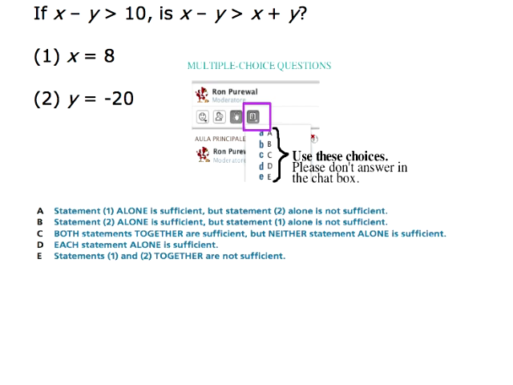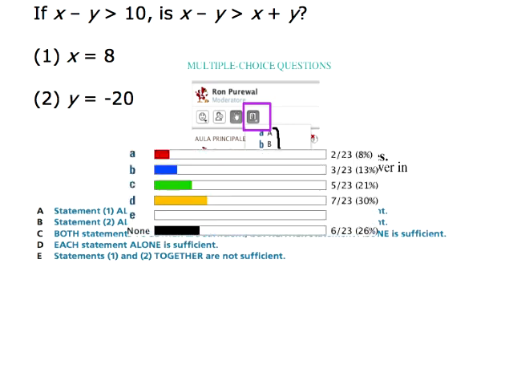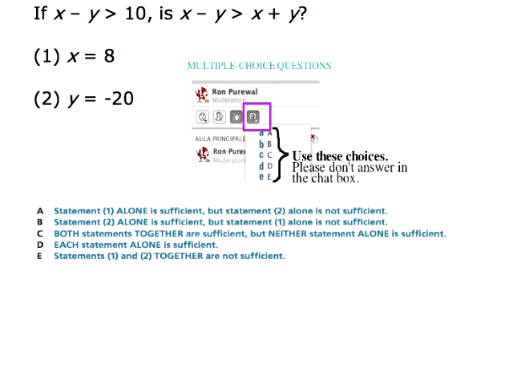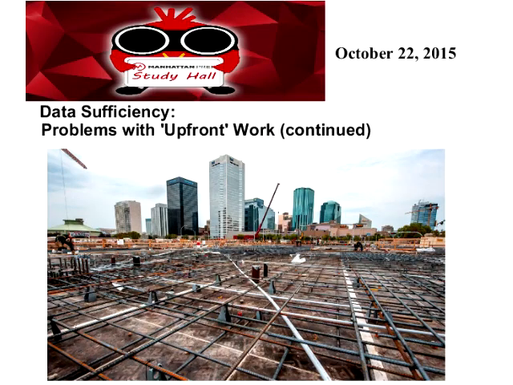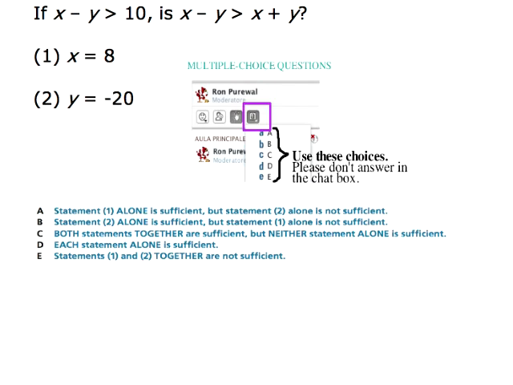Okay, we have a very interesting pattern of choices so far. Someone just took A, which is probably a guess, but before that it was all B's and C's and D's. These seem to be the favorites. But let's take a look. Remember what today's theme is: problems with upfront work. So you can probably guess that there is some work to be done up front in this problem.